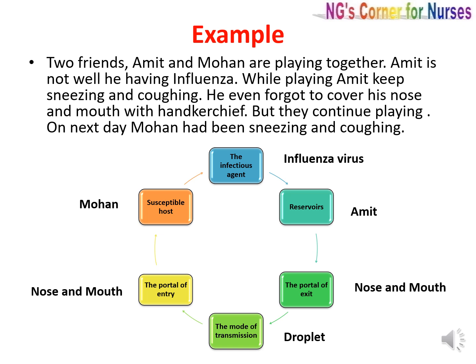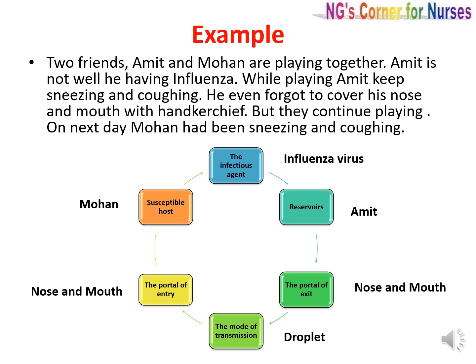Here, Amit has influenza, and influenza is caused by a virus. So here the infectious agent is a virus, known as the influenza virus. The virus lives in the respiratory tract of Amit and it makes Amit the reservoir. Amit kept on sneezing and coughing while playing and he doesn't cover his nose and mouth.